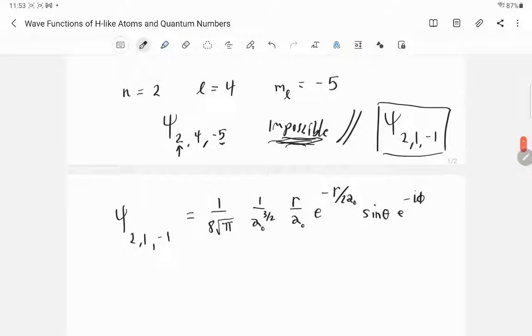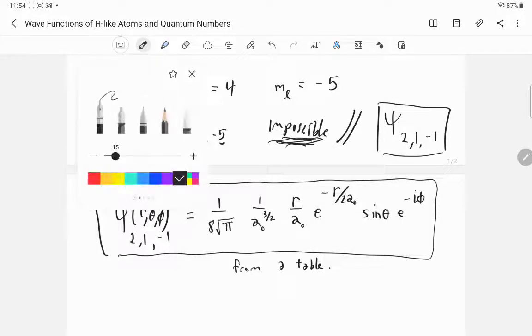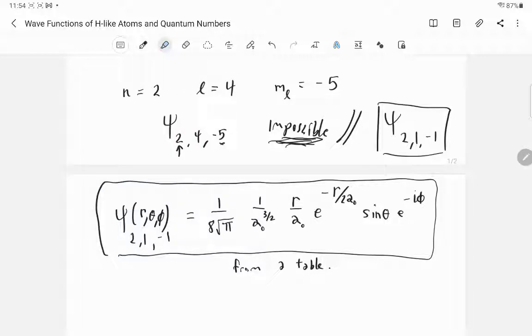So here's an example of what you would get from a table. You just have to look it up by quantum number, and you can see that it is a function of r, theta, and phi. Let's use a little highlighter.